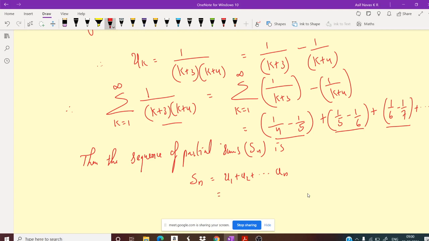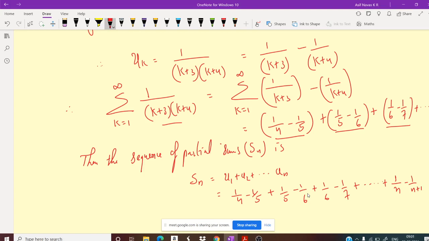So that is equal to 1 by 4 minus 1 by 5 plus 1 by 5 minus 1 by 6 plus 1 by 6 minus 1 by 7 plus etc. plus 1 by n minus 1 by n plus 1.